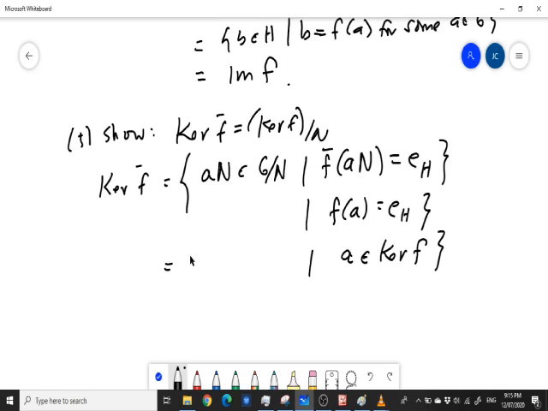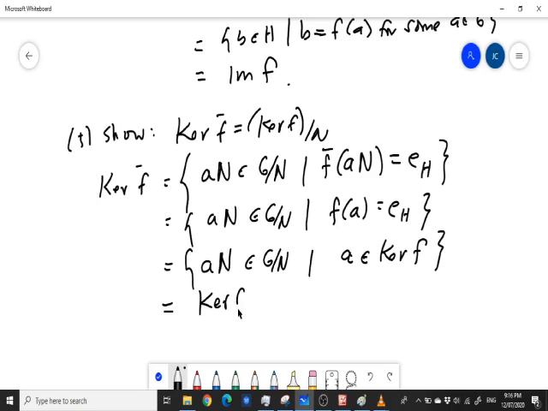Right? So a n in G mod n such that a is in the kernel of f. That is basically the definition of this, right? If all of the elements a are in the kernel of f, then this is the notation that we use for that. So therefore, that is true.